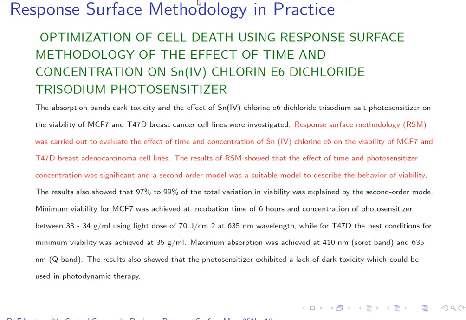The first cell line is called MCF7, the second is T47D, and both of these are breast cancer, breast adenocarcinoma cell lines. And this is an optimization problem. So you want to try to optimize the time of exposure and concentration of exposure to kill off these cells.